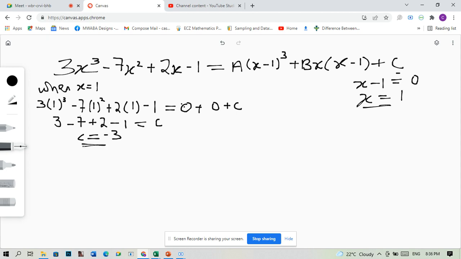All right, since we found our value for c, now we're going to look for the values of a and b. So let's use when x equals 0.